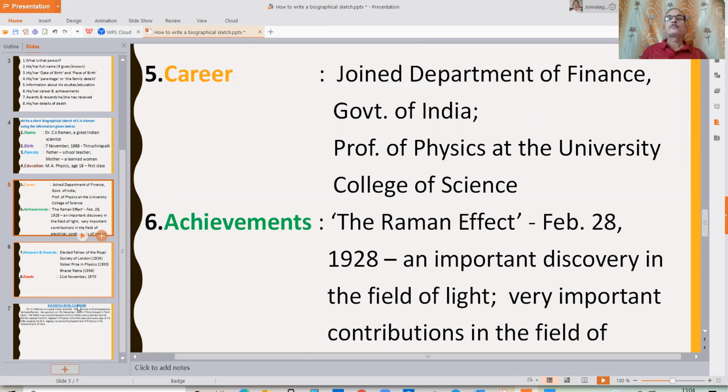And then what happened next? First, he joined the Department of Finance in the Government of India and worked there for some time. Then what happened? Later, after some time, he gave up that job and he continued as a professor of physics at the University College of Science.